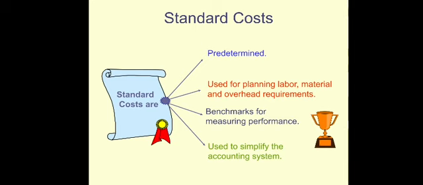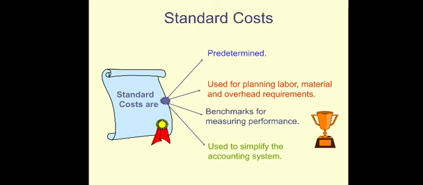When you prepare the standard cost, or when you make a standard cost for your product, then you can use this standard cost to plan for the labor. Let's say in the next month you want to produce 5,000 cupcakes, so you can plan.